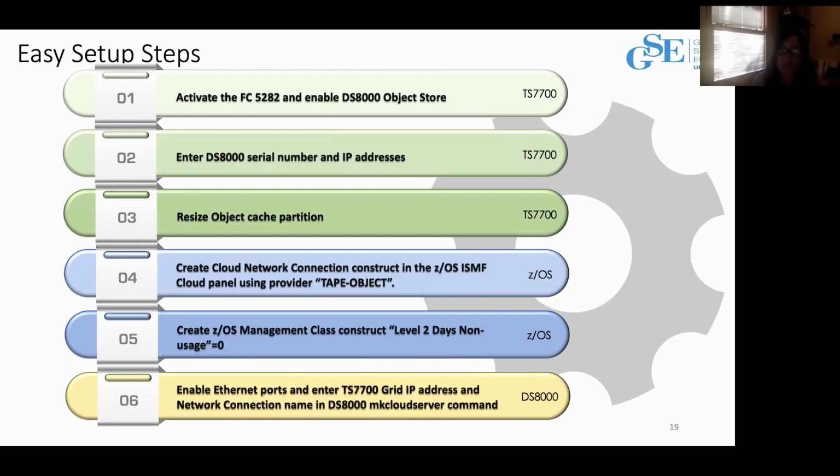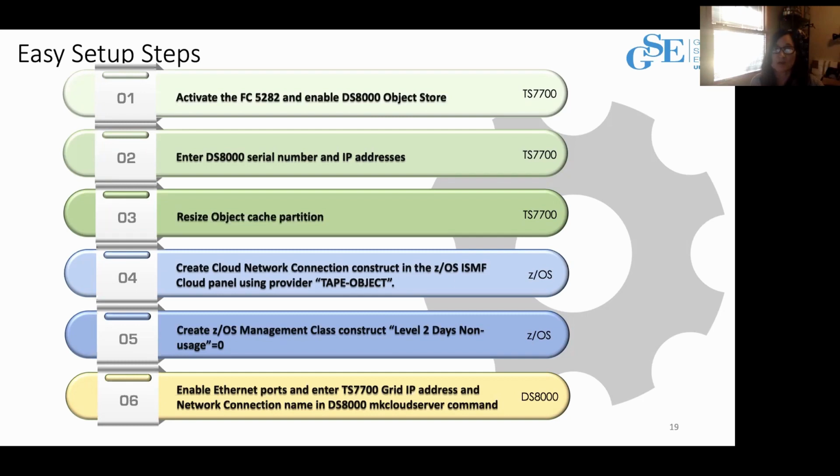That's just a management interface panel that you activate that feature with. There's an enablement procedure that you have to do on the 7700. An SSR needs to do it. They have to take the 7700 offline, but the actual enablement is like a 2-minute process.